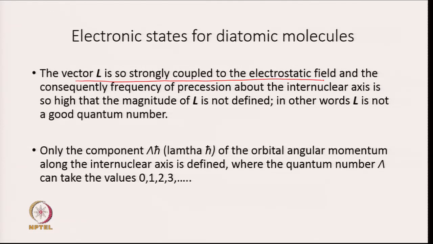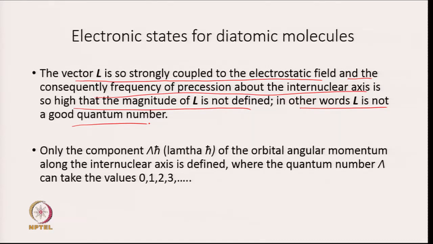So, in a diatomic molecule, it is very important to remember that vector L is strongly coupled to the electrostatic field, and consequently the frequency of precession about the internuclear axis is so high that the magnitude of L is not defined. In other words, L is not a good quantum number for a diatomic molecule.